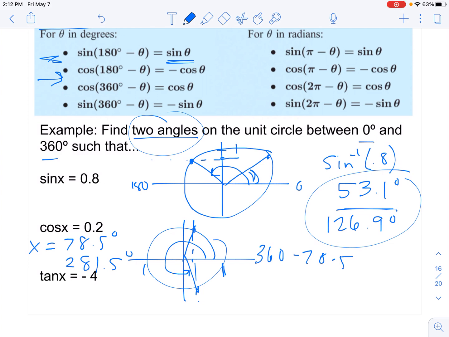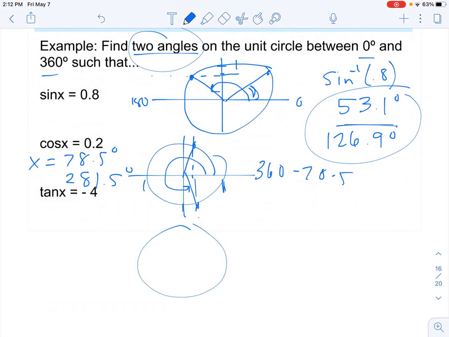How about tangent? Tangent is negative in the second quadrant and in the fourth quadrant. So I'm going to do inverse tangent of negative 4.